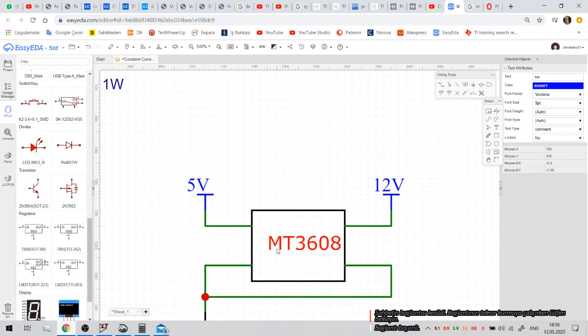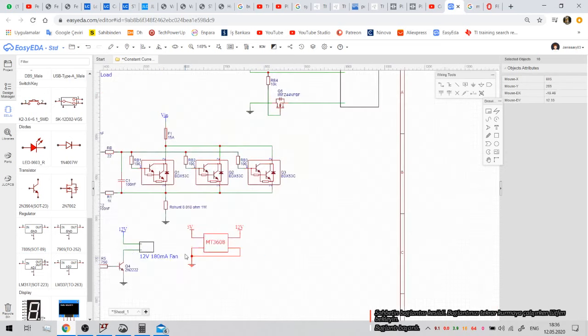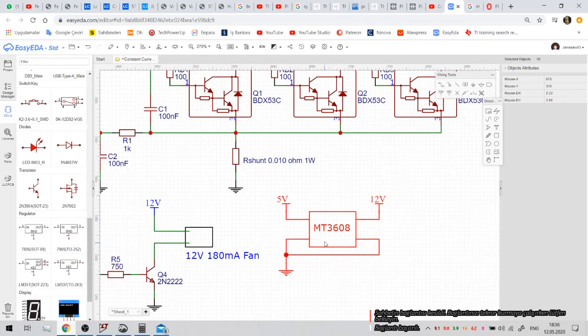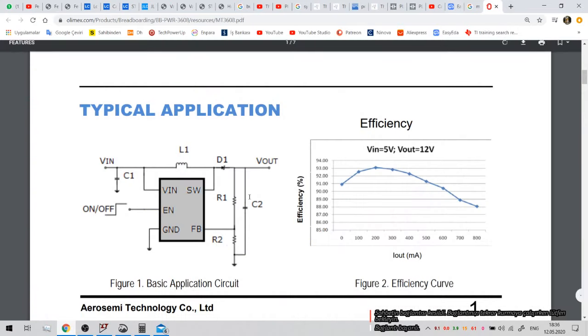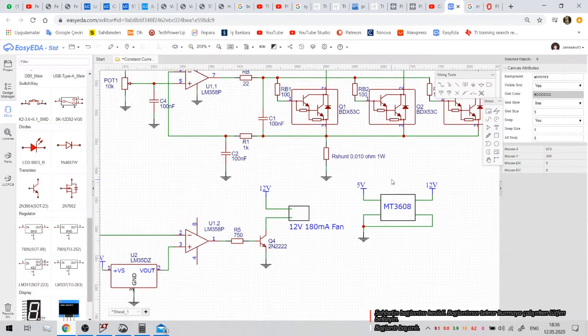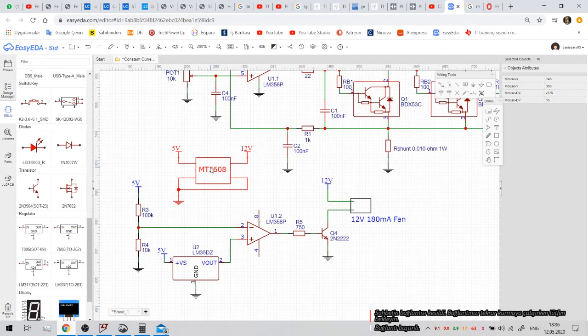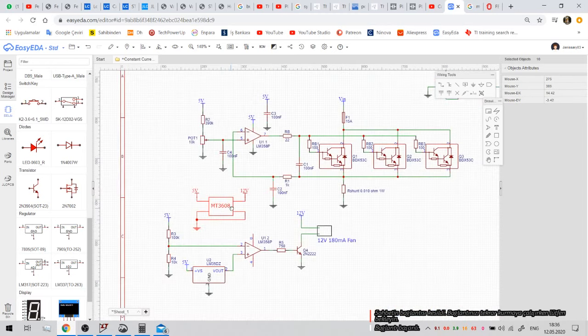This is the board I will use. You can also directly use the chip MT3648 and build such a circuit. You can get a 12-volt rail, I can say.